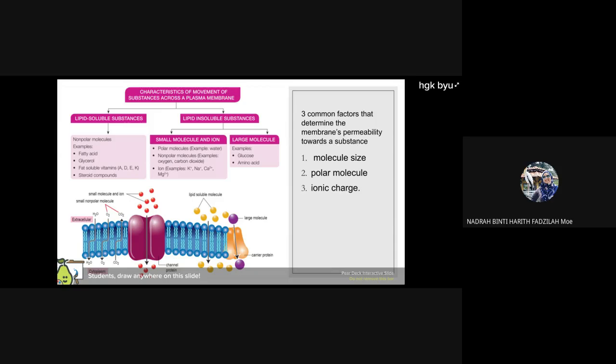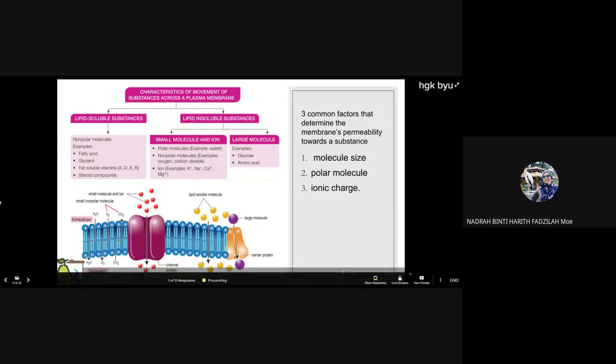Kalau saiz bahan tu kecil, dia boleh menembusi plasma membrane. Tetapi kalau dia kecil, ada charge macam K+, Na+, Ca2+ dan sebagainya, tak boleh tembus membran plasma, kena lalu channel protein. Kalau saiz molekul tu besar, perlu lalu carrier protein.